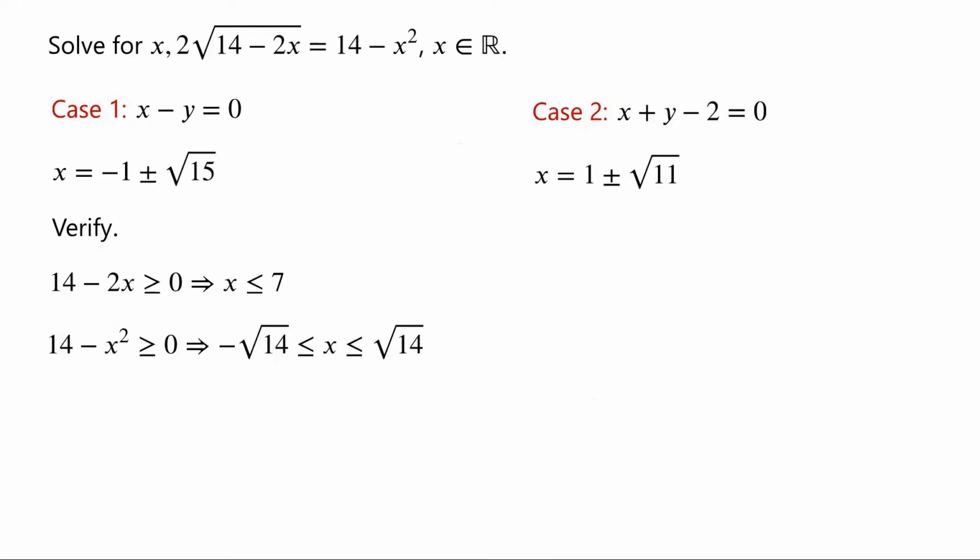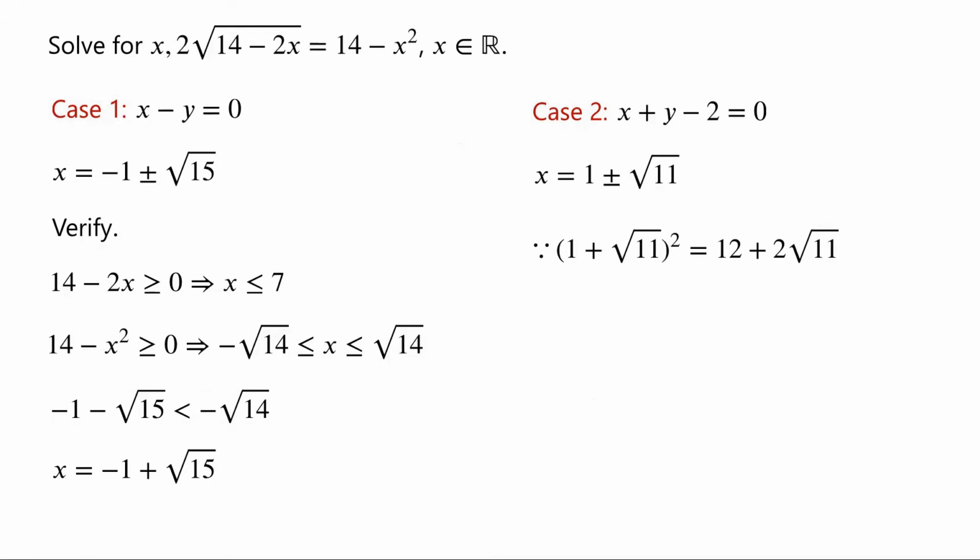As negative 1 minus root 15 is less than negative root 14, x equals negative 1 minus root 15 cannot be a solution. That is, for case 1, only x equals negative 1 plus root 15 is a potential solution.